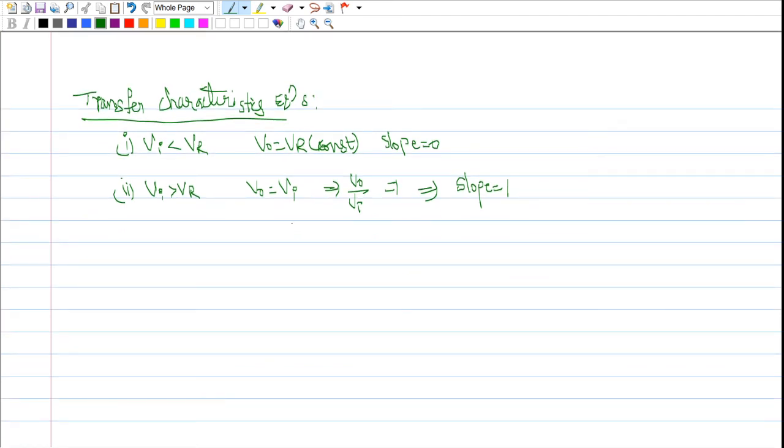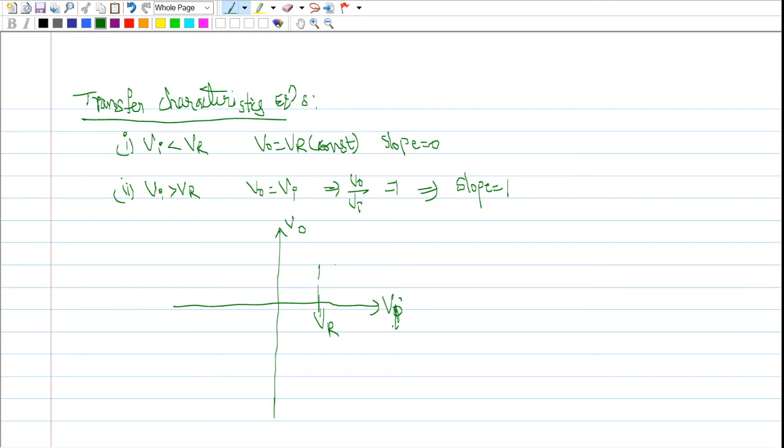First draw the transfer characteristic curve between input voltage and output voltage. Sorry, input voltage is Vi, output voltage is V0. This is the positive reference voltage VR. When Vi is less than VR is nothing but this part, it is a constant.